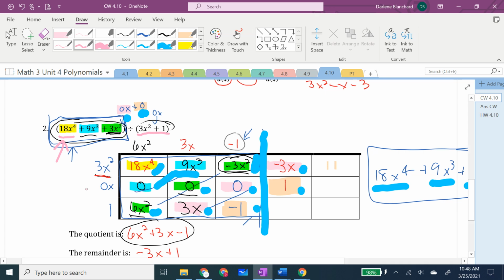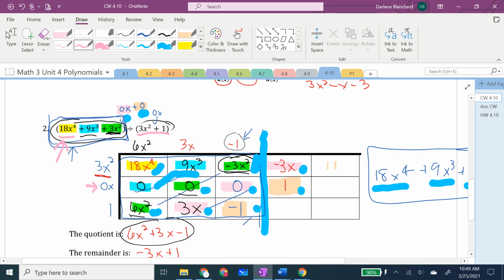And that's why I wanted to create this extra row to account for 0x. This helps with keeping it organized so you don't get lost with 0 issues, because 0 issues show up and you have to know how to cope with them.